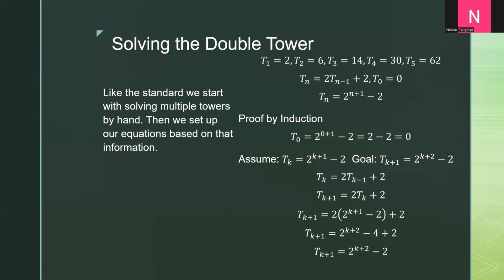And after confirming that, we can assume that T sub k equals 2 to the k plus 1 minus 2. But our goal is to get T sub k plus 1 equal to 2 to the k plus 2 minus 2.